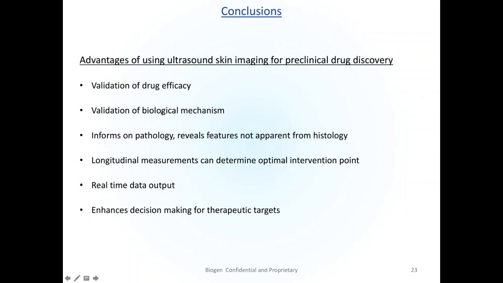We were able to interrogate a biological mechanism. That study could have been done by a number of different readouts, but the beauty of the ultrasound was it was pretty much a real-time readout to measure the changes that we were seeing. I went into this before, but in the second story, the tweak injections, we really didn't appreciate all of the changes that were going on in the tissues until we'd done the ultrasound studies.